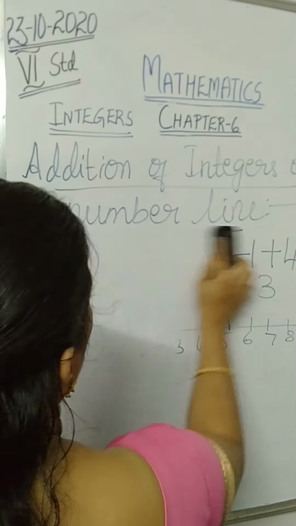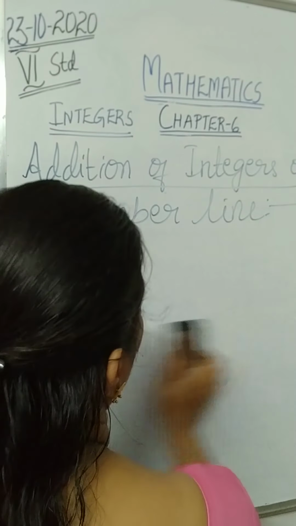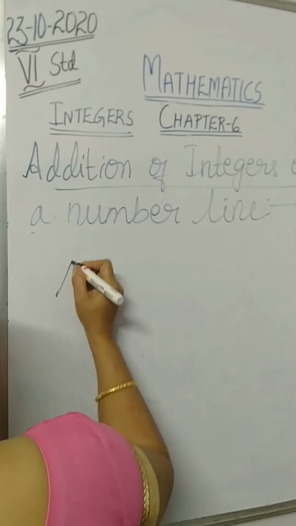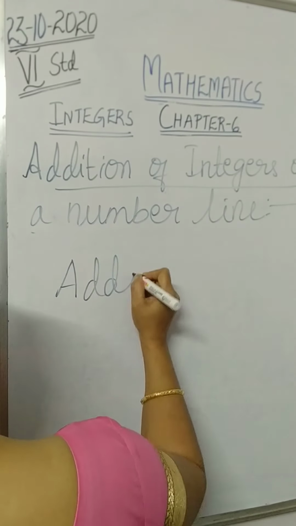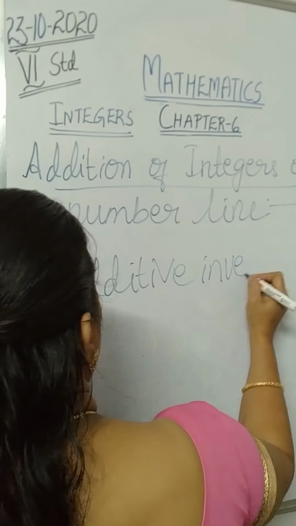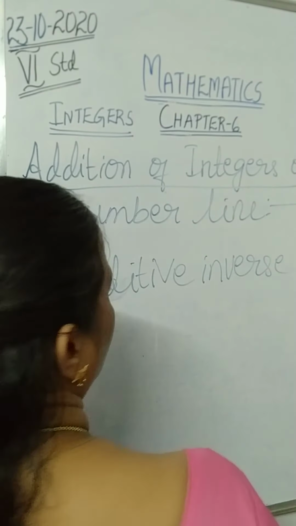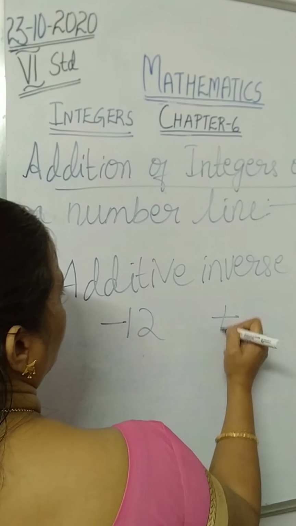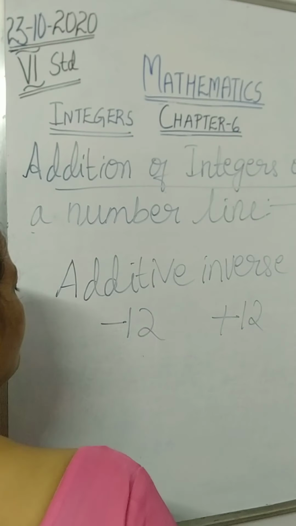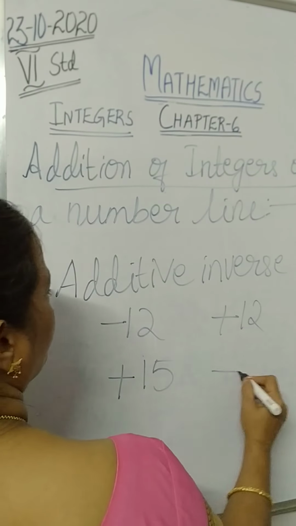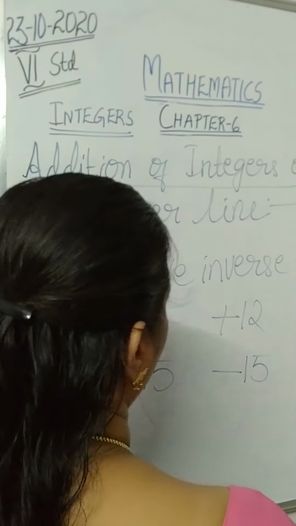Now we had learnt about additive inverse. What is additive inverse? Additive inverse is the opposite sign of the number. That is, if it is minus 12, plus 12 is the additive inverse of it. Same way, if it is plus 15, minus 15 is its additive inverse.